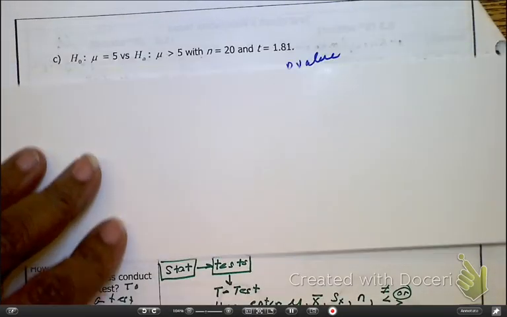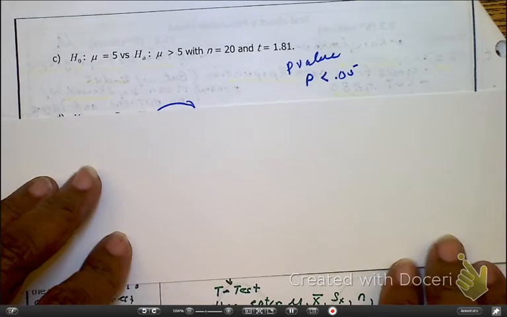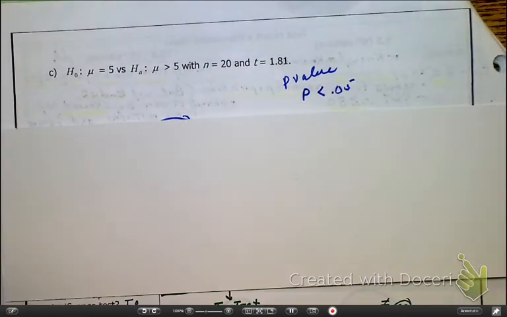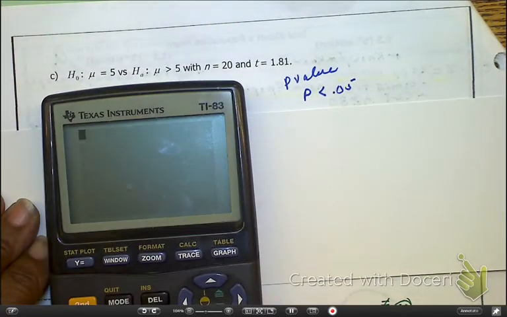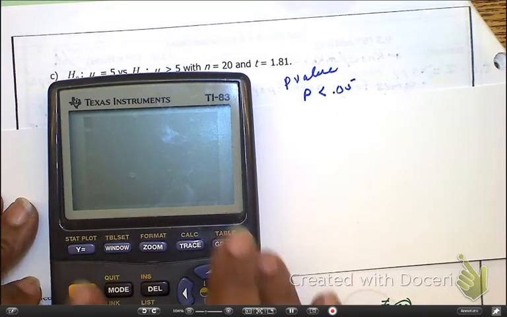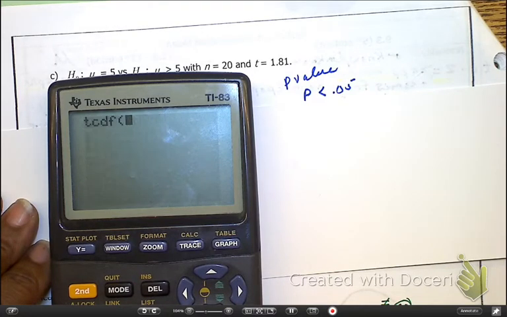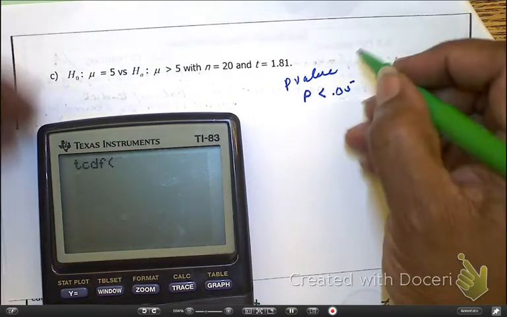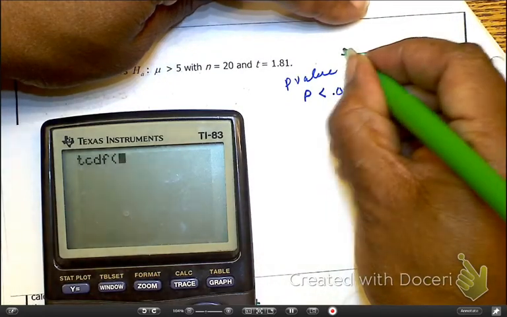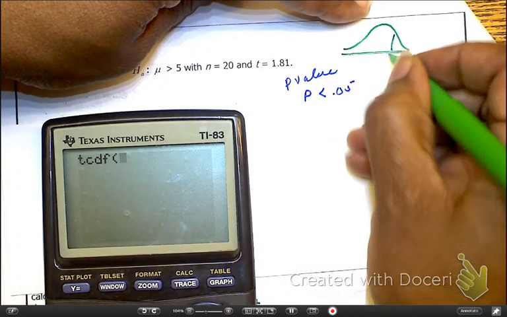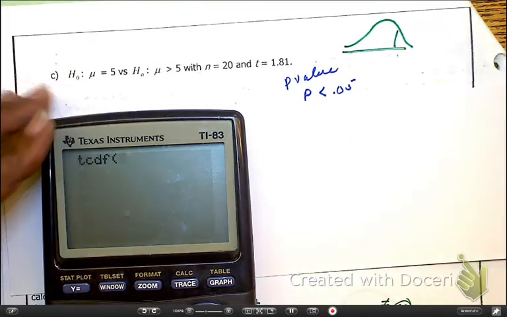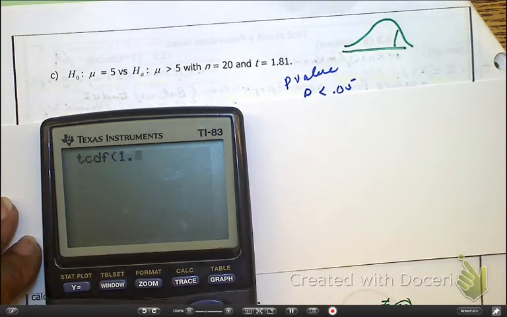As I look at problem C, this is how I'm going to put this in the calculator. I'm going to go to second vars, down to the T distribution CDF, and press enter. Remember, the table is always positive, so that's why I'm putting in 1.81.